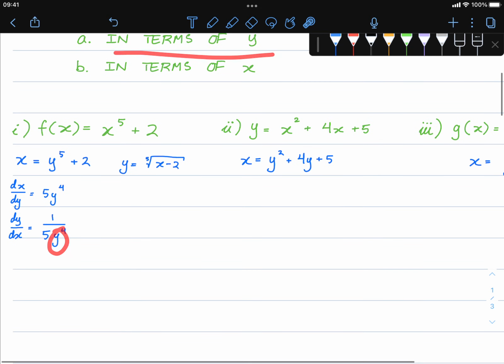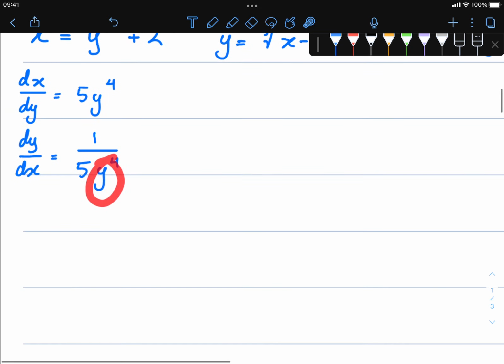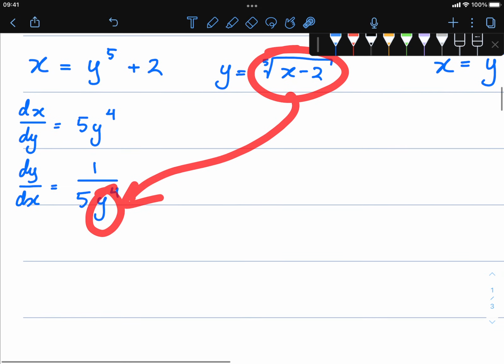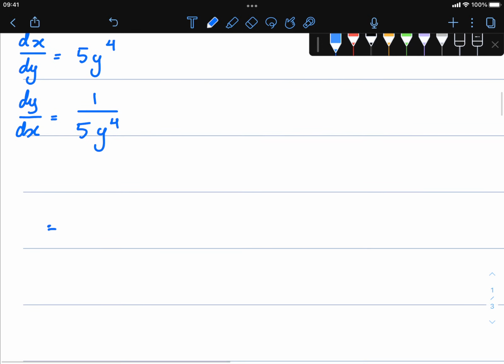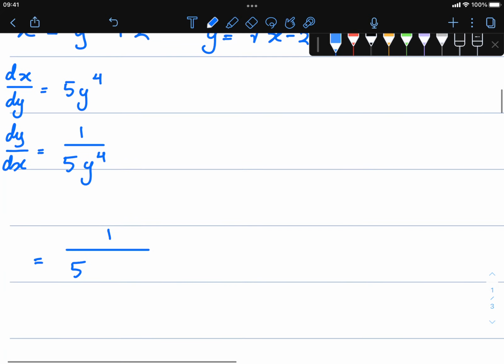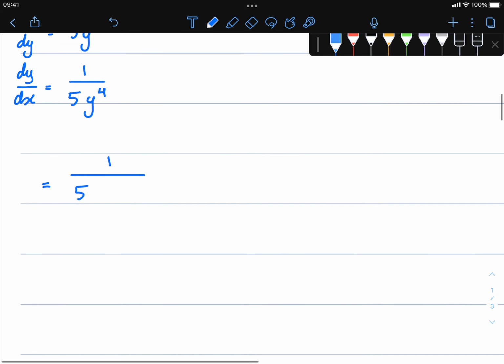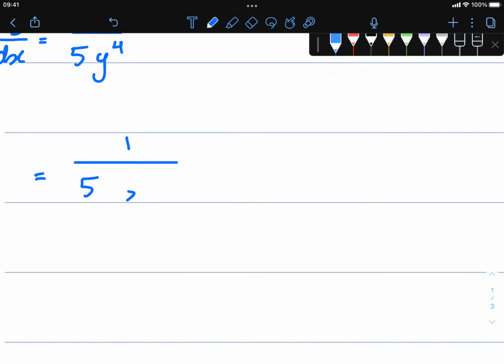But if we want to find it in terms of x, we simply take this expression and substitute it here. So it becomes 1 on 5, and since it's the fifth root to the power of 4, it becomes x minus 2 to the power of 4, but the fifth root of that.